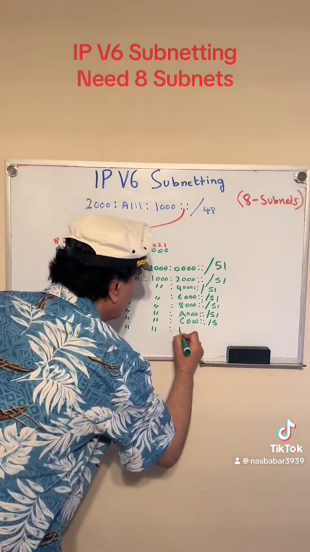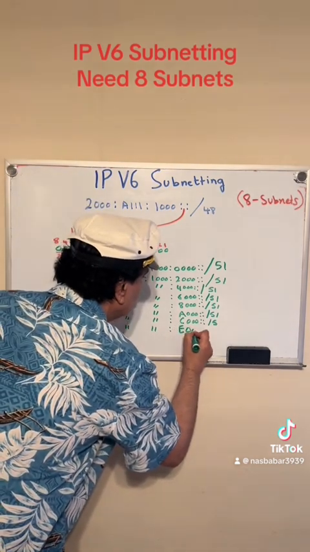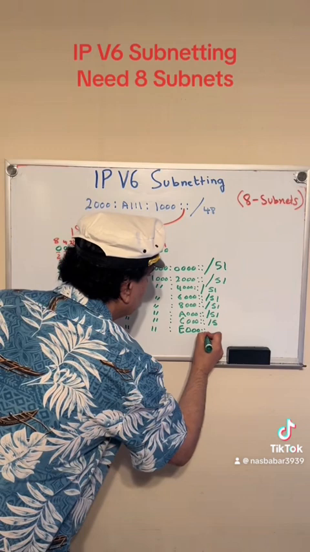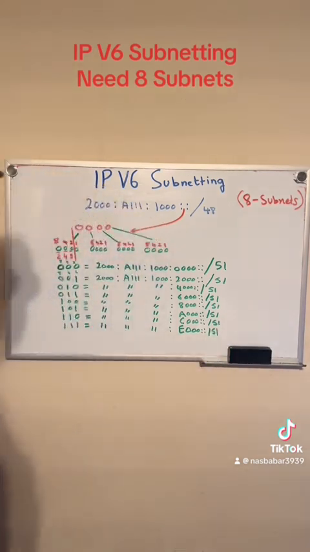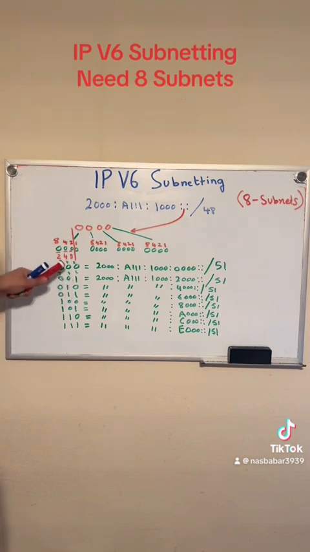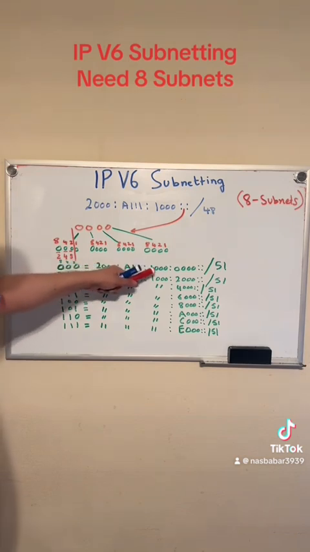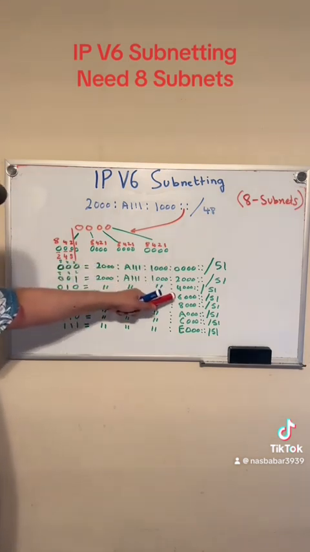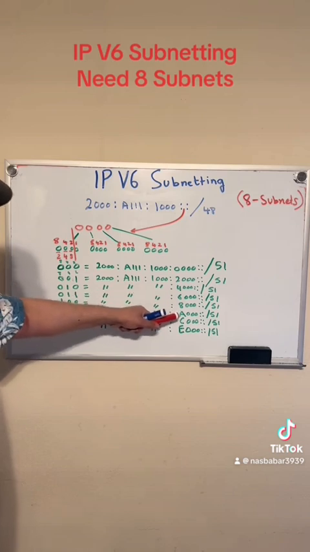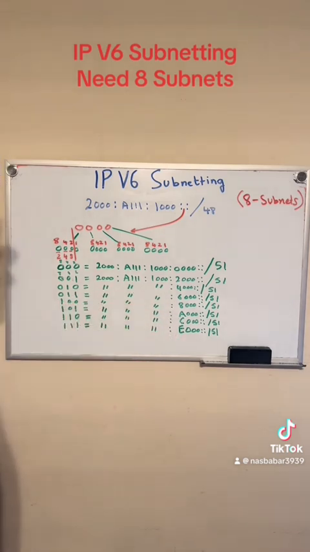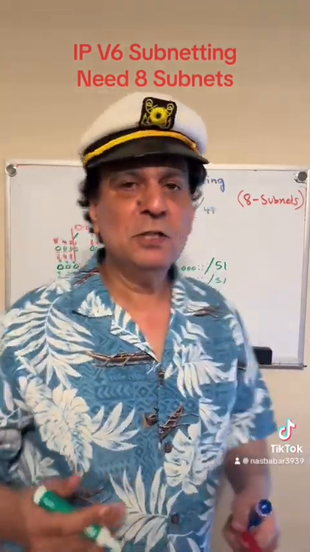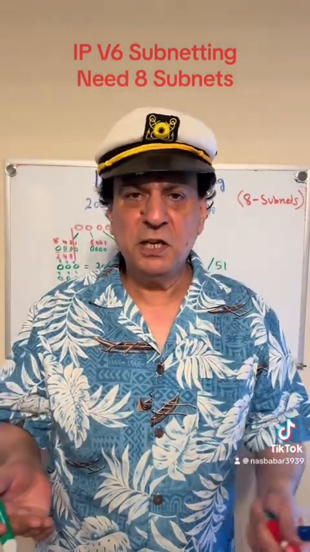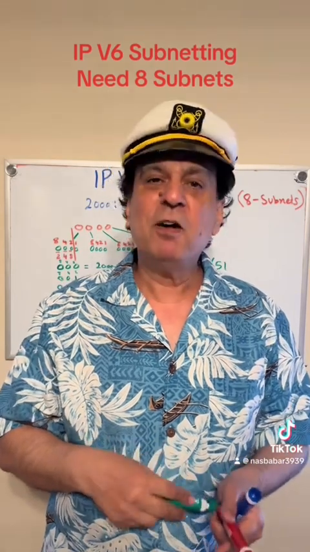E. So this is going to be E000/51. So here you go, my friends. These are the 8 subnets: 0, 2000, 4000, 6000, 8000, A000, C000, and E000, in the form of IPv6 subnets. Now you can go to your manager or your boss and say, here you go, have fun with it.